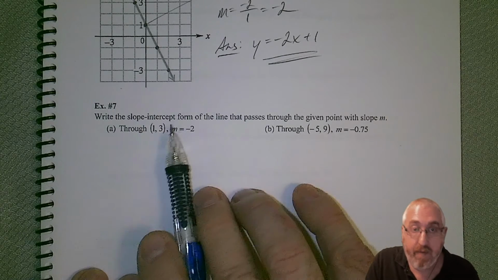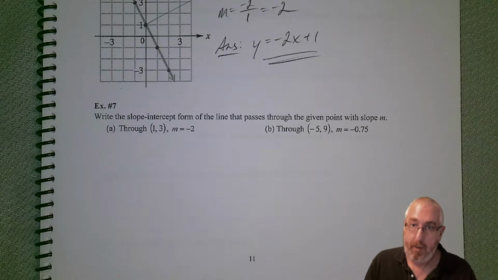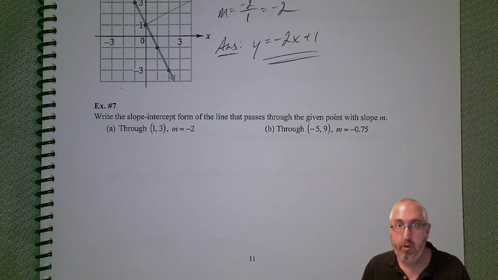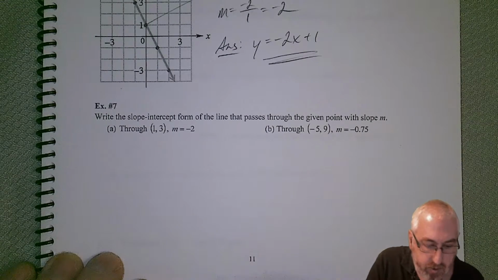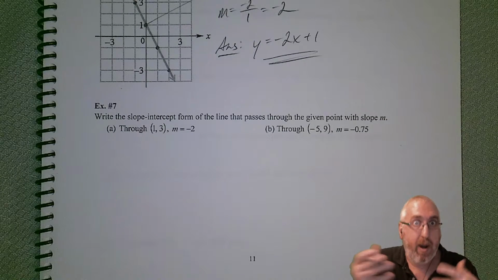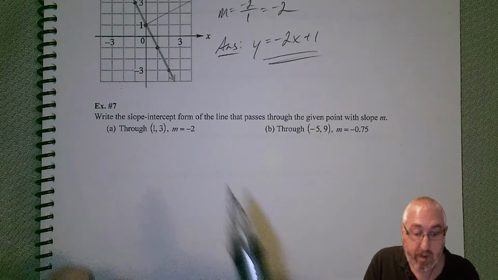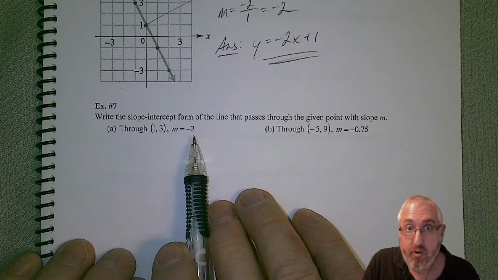Now they do want your final answer in slope-intercept form, so we want to keep that in mind. But how we get there is up to you. So let's start the first one using the point-slope form. So remember, that's just using a random point, which is what we got. We don't have the y-intercept and the slope.